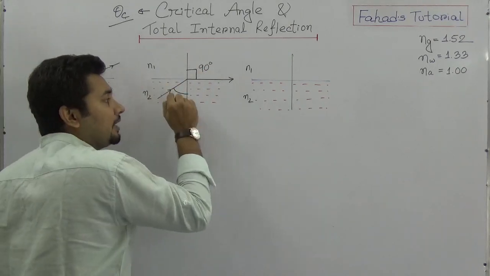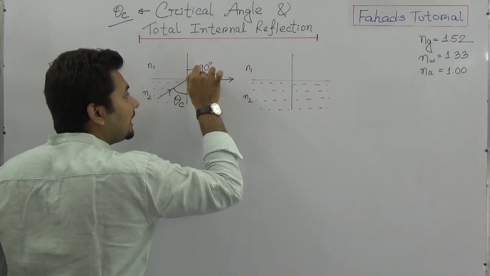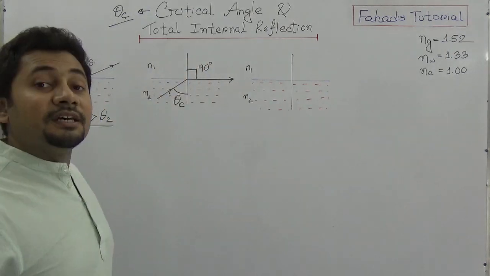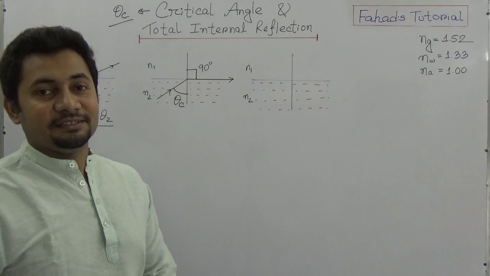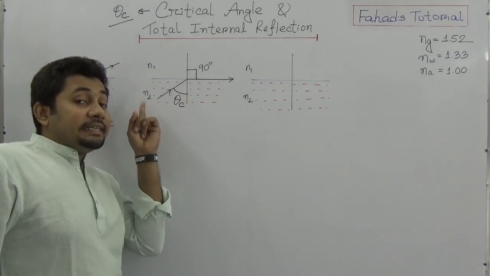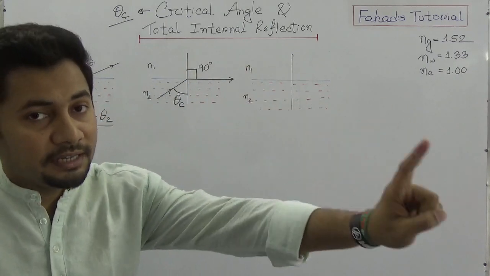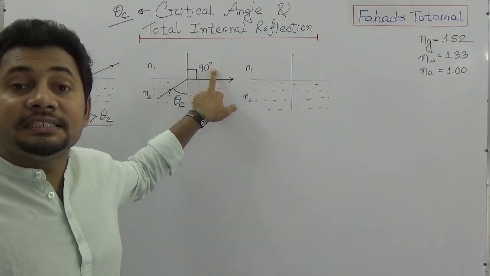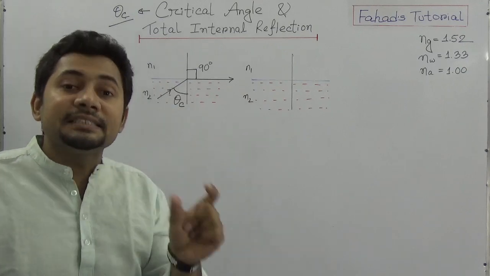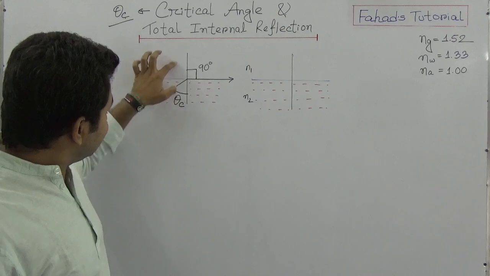When this theta C forms, the refraction angle becomes 90 degrees. So simply we can say, when light is incident from the denser to the rarer medium, the angle in the denser medium that creates a 90 degree refraction angle is the critical angle for that medium.